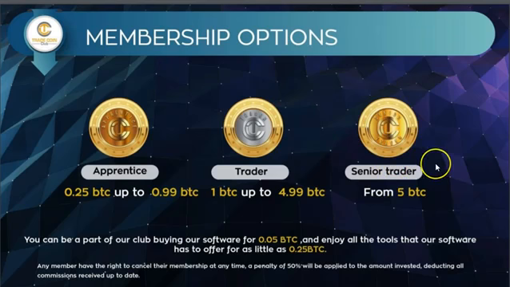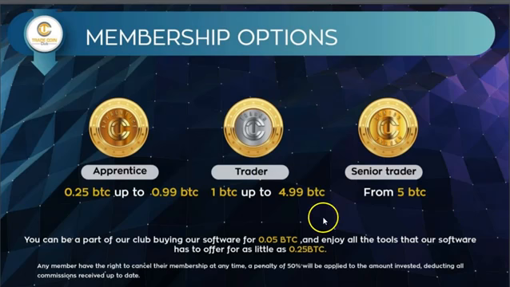The Senior Trader, you can go from 5 Bitcoin and up. Okay, you guys, now these are the packages that we have. These are the different memberships: Apprentice, Trader, and Senior. Now, this is the amount that you have to come in with on either one of these.